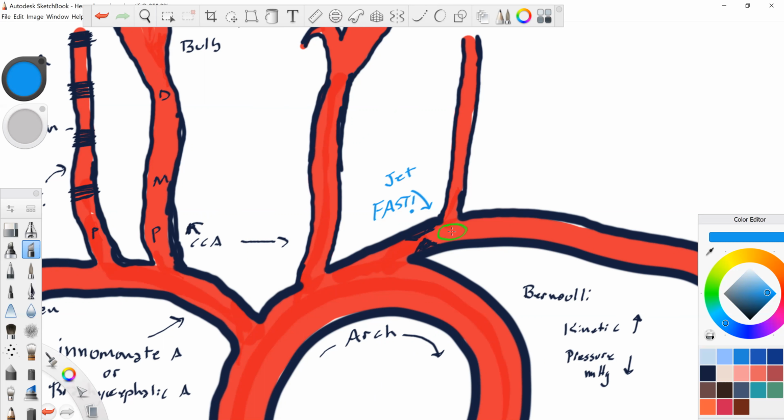And then what happens? Now, the blood pressure, the millimeters mercury up here is greater than it is down here. What happens when you have a pressure differential, delta P, a differential in pressure? Blood's going to be pushed down.